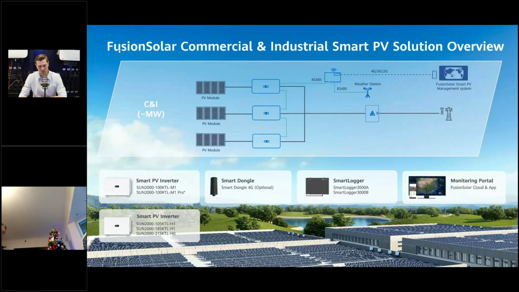But the reason why Huawei is using 800 volts is quite easy to understand and explain. We have much lower power losses on the wiring on the AC side if we use 800 volts instead of 400 volts. So this is why Huawei decided to use this voltage standard.